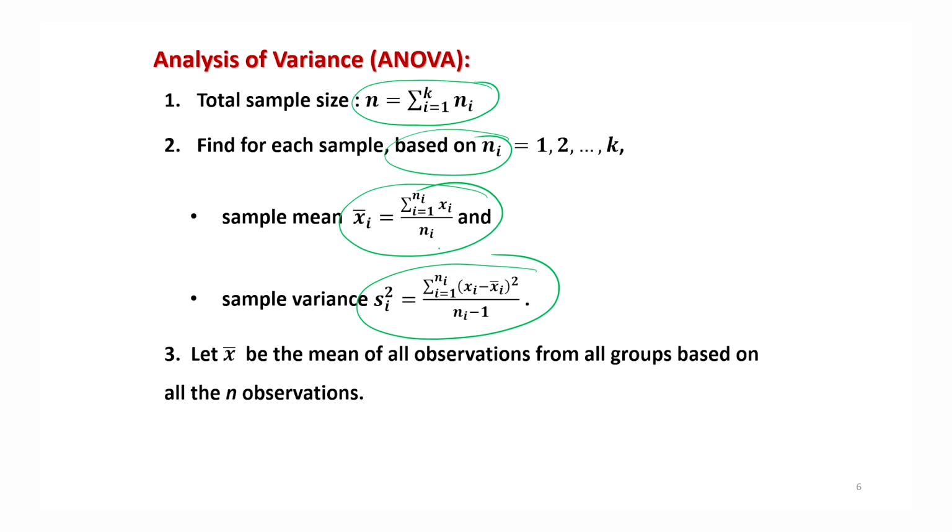Sample mean is obtained by 1 upon ni summation xi, and sample variance is obtained by 1 upon ni minus 1 summation of xi minus x bar i, whole square. And then we find the mean of all the n1 plus n2 plus up to nk observations, which is n. So let x bar be the mean of all the observations from all the groups, based on these n observations.